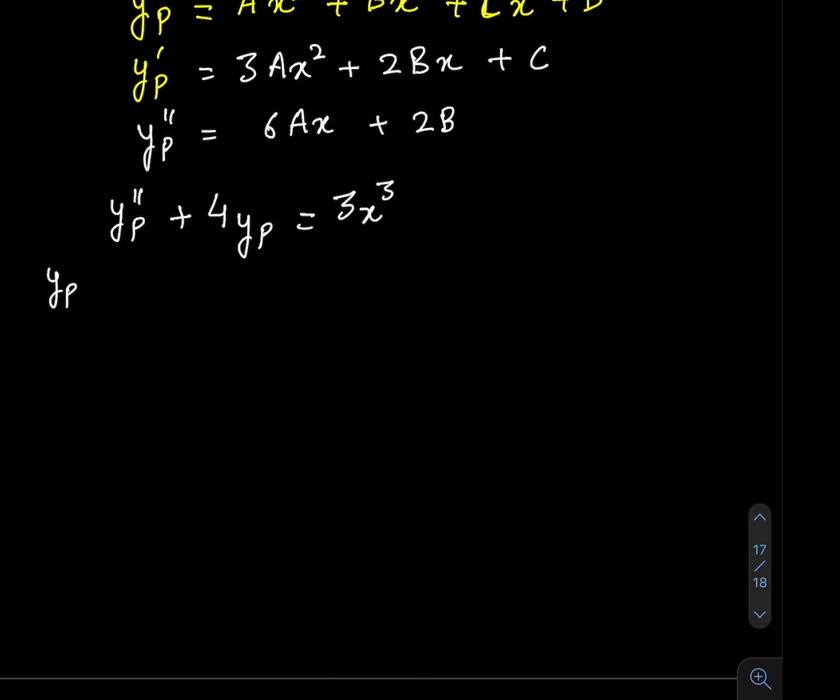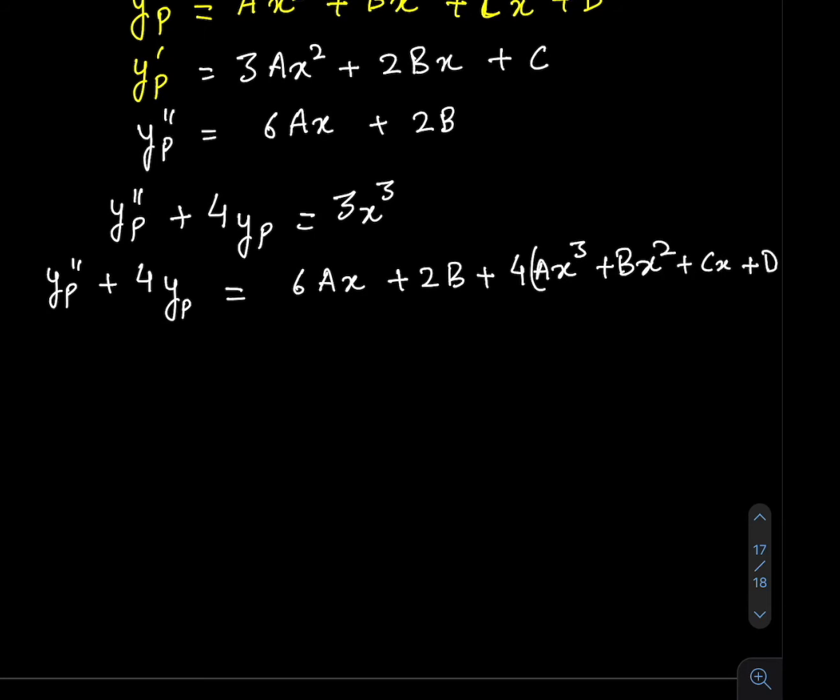So we want y_p double prime plus 4y_p. So 6ax plus 2b plus 4 times (ax cube plus bx square plus cx plus d).